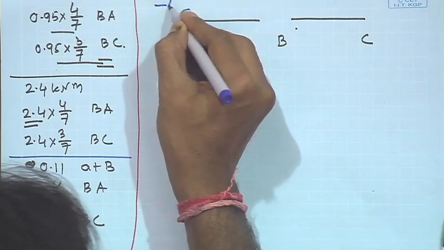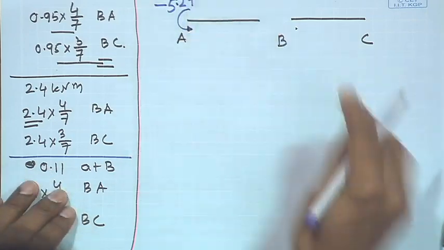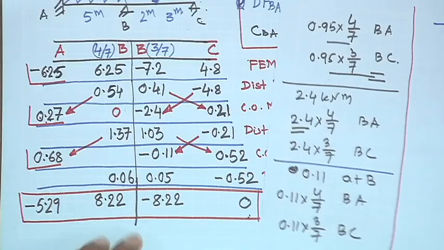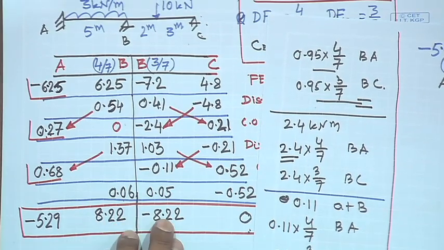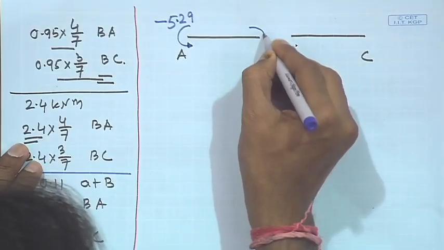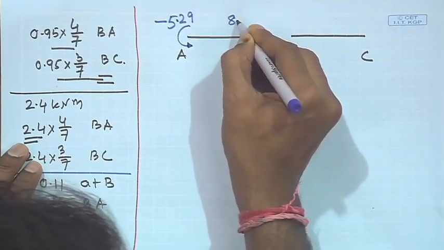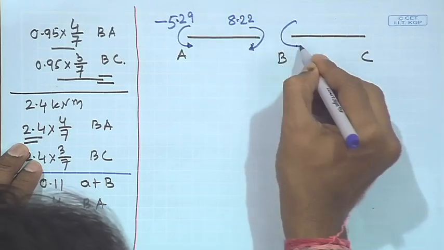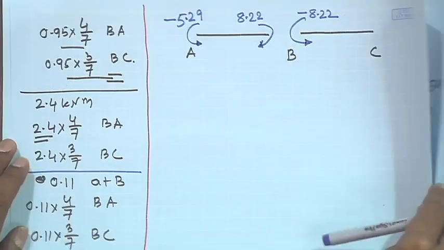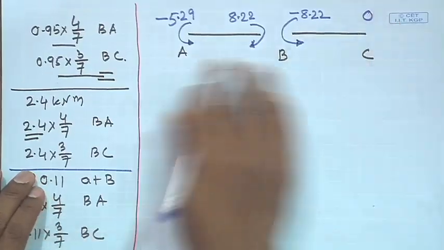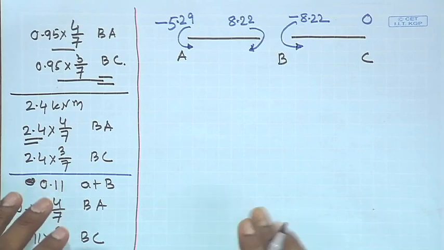This is minus 5.29, and then at point B in AB it is 8.22, which is clockwise, and here it is minus 8.22, which is anti-clockwise, and then here it is 0. Here it is 0. So, these are the moments at joints.